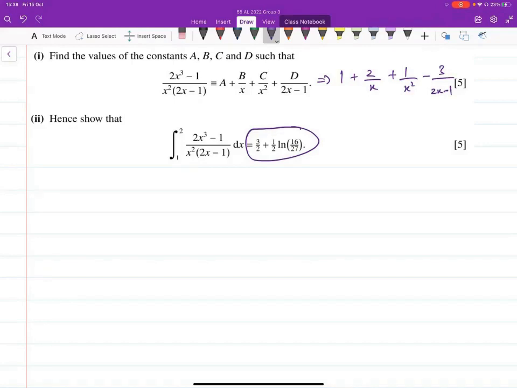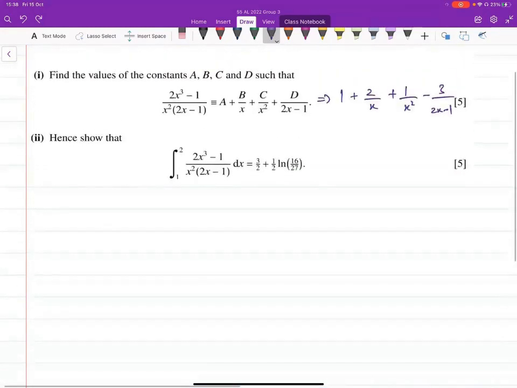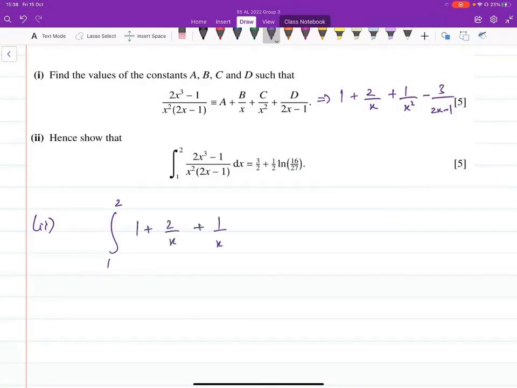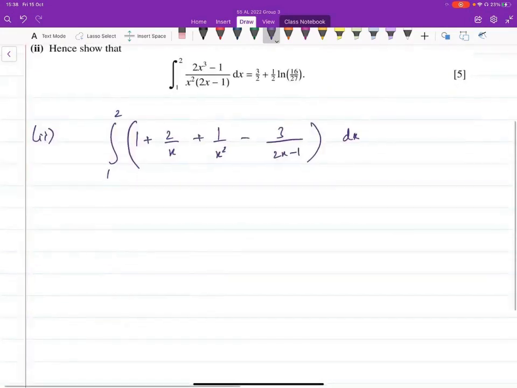Isn't that quite straightforward? No? Okay. चलें, let's write that down. So part 1 आपने कर लिया, part 2 में आपको क्या करना है, you have to input these limits. We have to integrate it first, 1 plus 2/x plus 1/x square minus 3/2x minus 1. We integrate every term separately, अलग-अलग से integrate कर लेते हैं.